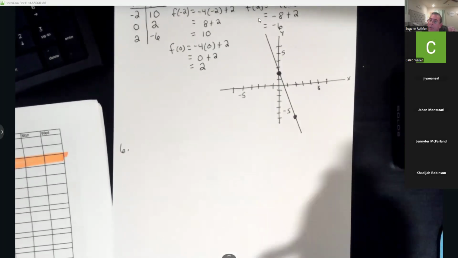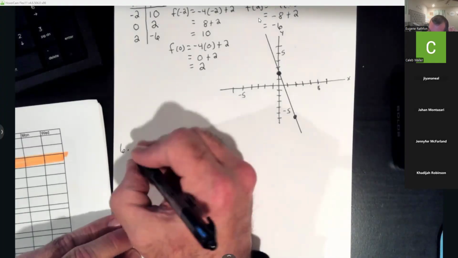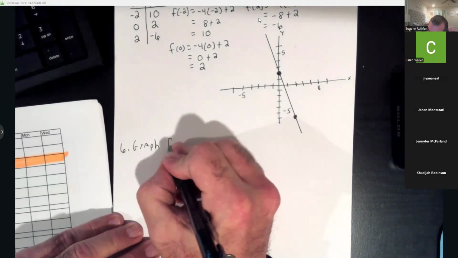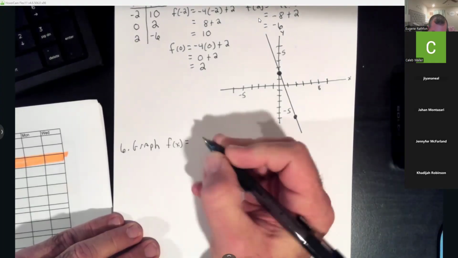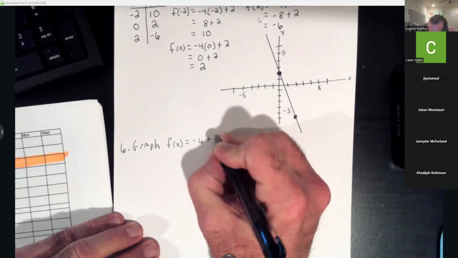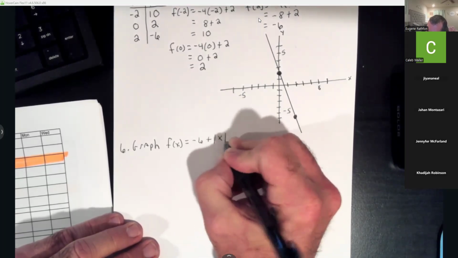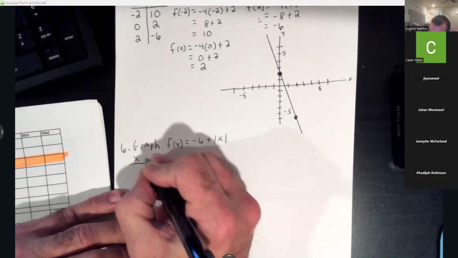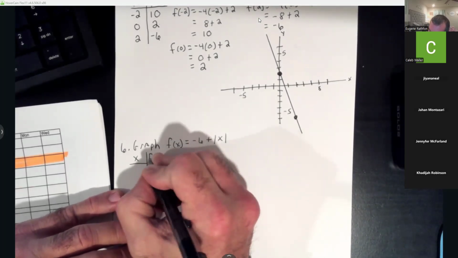All right, y'all. Another graph. So I think we got about two more graphs. So we're going to graph f of x equals -6 plus absolute value of x. Now this one, they're going to give you 5 numbers.